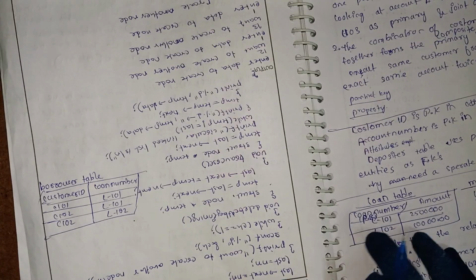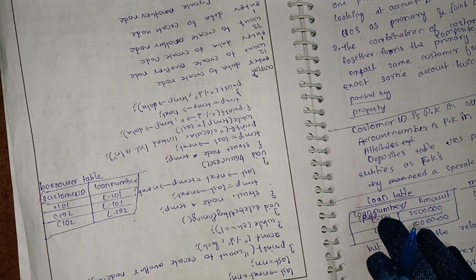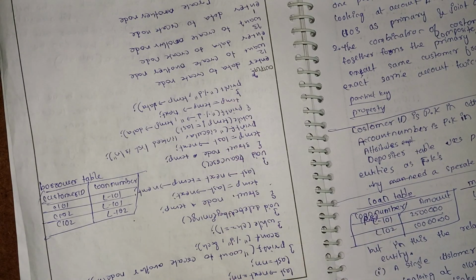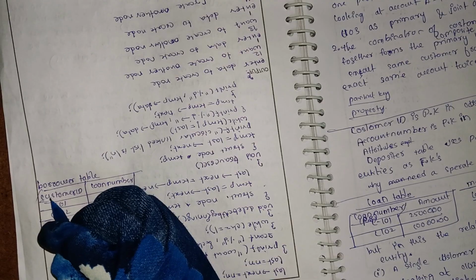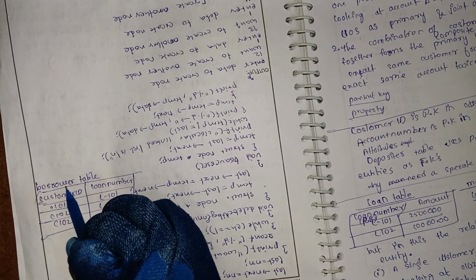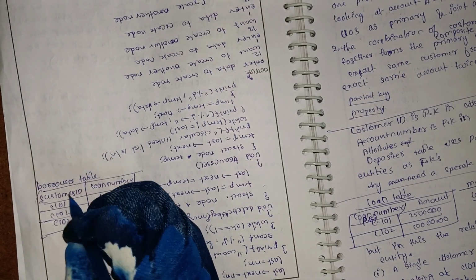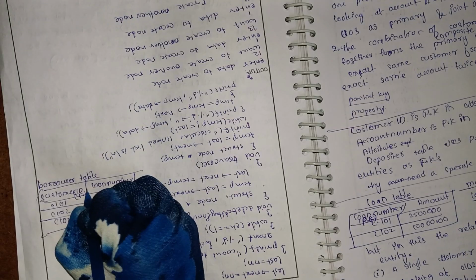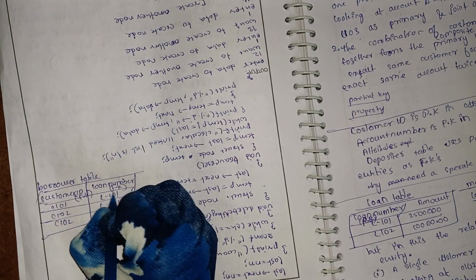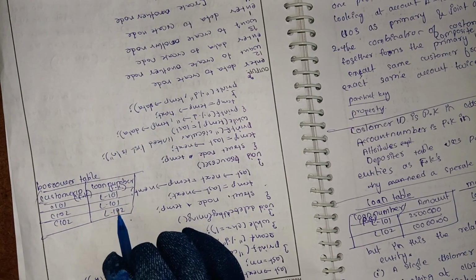We are using those two primary keys of the respective tables in the separate table, the borrower table, as foreign keys, which can contain duplicate values also.